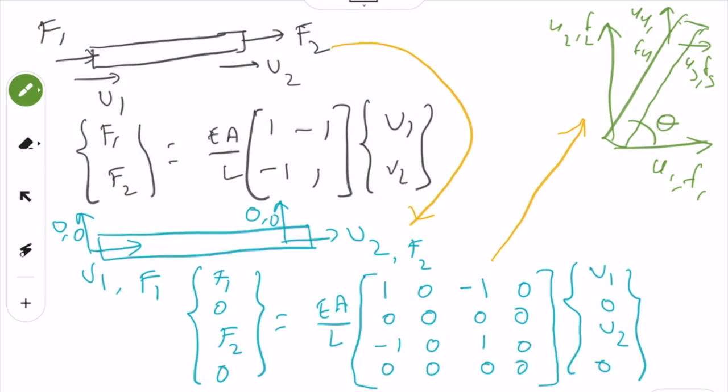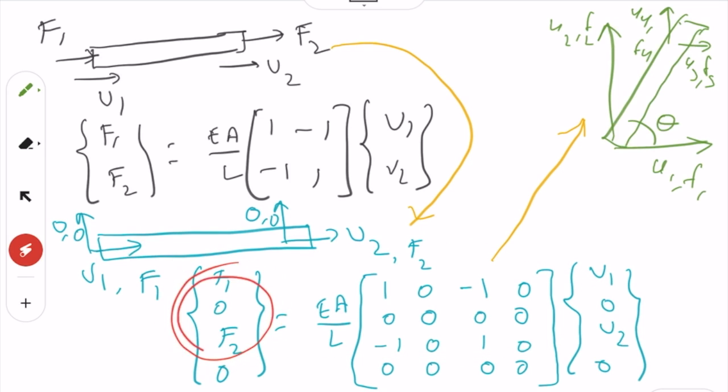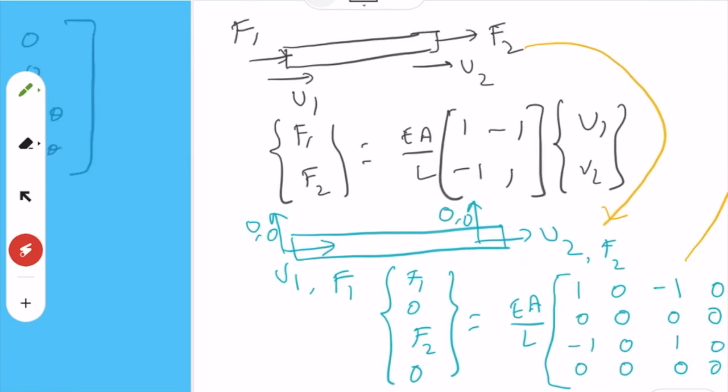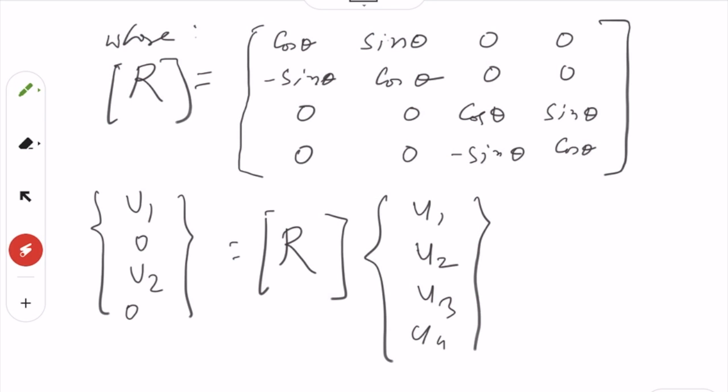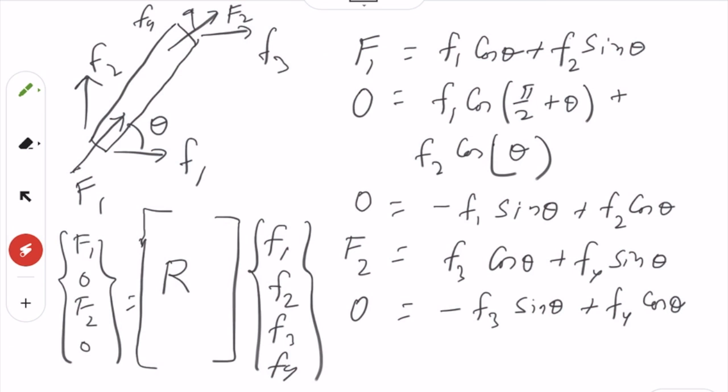Now here we can use this relationship. We already have this relationship, then we have one relation, the relationship between this one and the small f1 f2 f3 f4, that also we have in terms of transformation matrix R. So we have this equation and we have this equation.